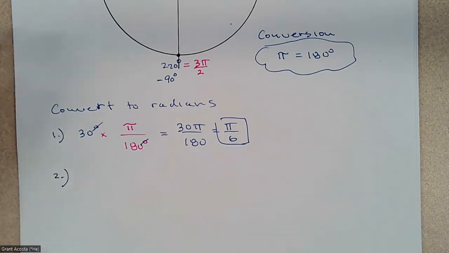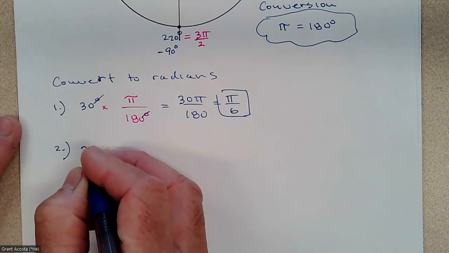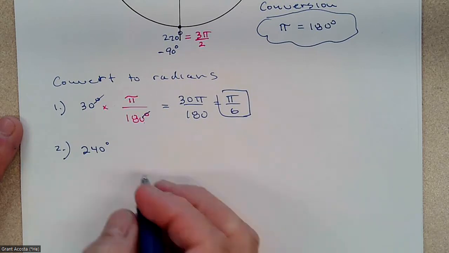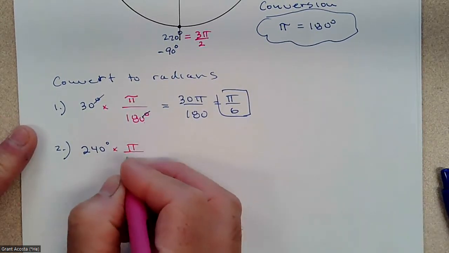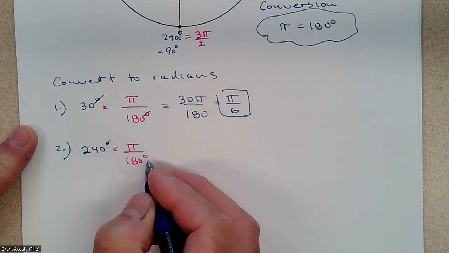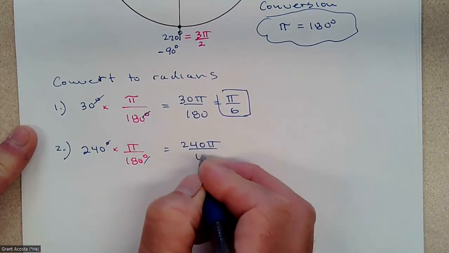Let's try another one. If I had 240 degrees, my conversion, I'll still just multiply by pi over 180. I can think of degrees canceling. 240 pi over 180.